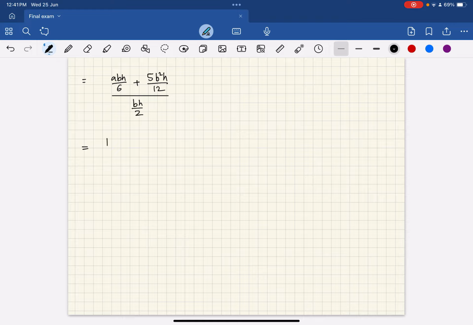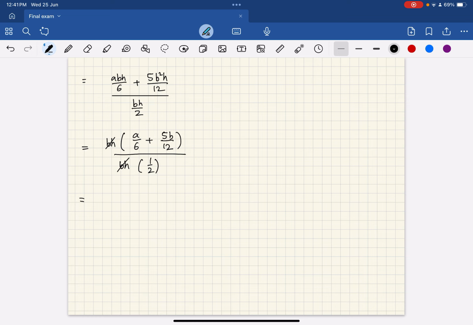If I take out the BH, what am I left with? I'm left with A over 6 plus 5B over 12, right? And I'm left with BH over half. Right, so you can factor out BH.